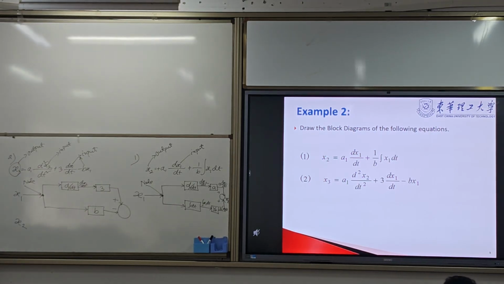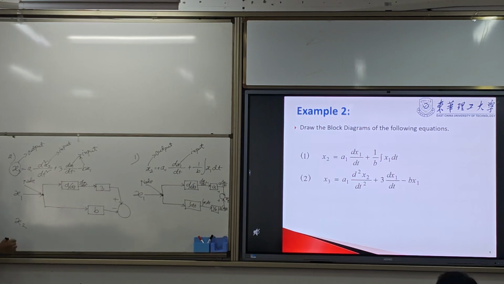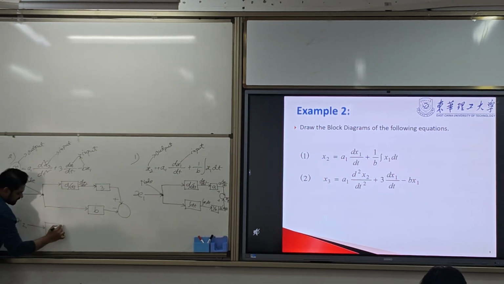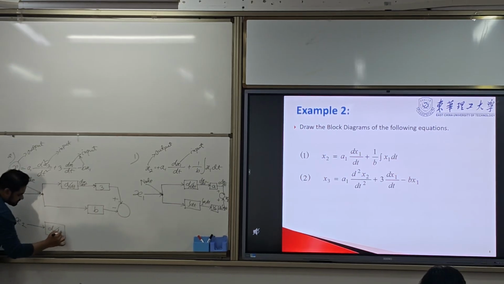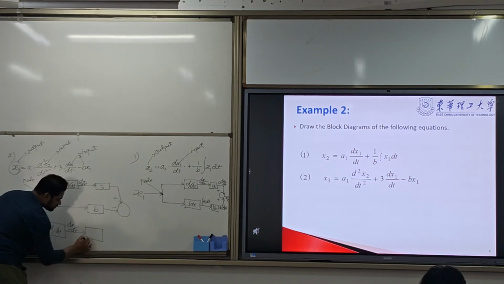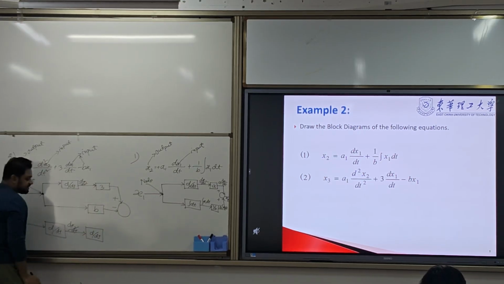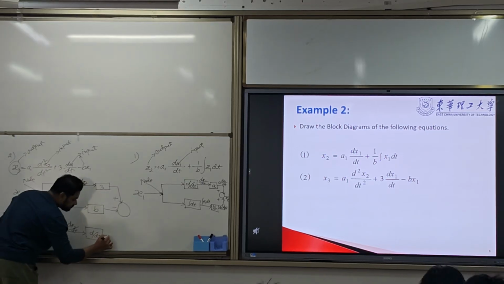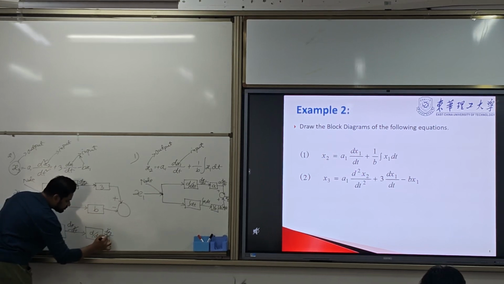We also have one more signal, x2, which has d squared/dt squared. First it goes through a derivative d/dt, which gives dx2/dt, but I need d squared x2/dt squared, so there will be one more differential operator, giving d squared x2/dt squared.